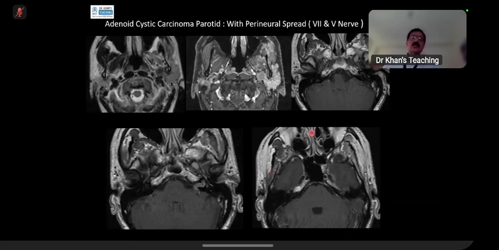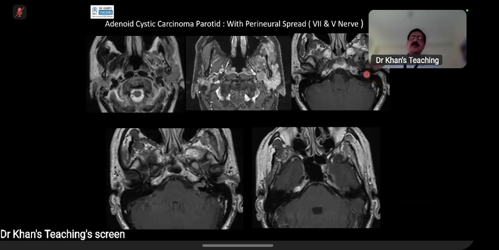In this case, from the deep lobe of the parotid, there was an adenoid cystic carcinoma sitting there. And these scans were brain scans. Actually, they are not classical high resolution fat saturated for temporal bone. But here, if you look carefully, you can see this dot where I am pointing.